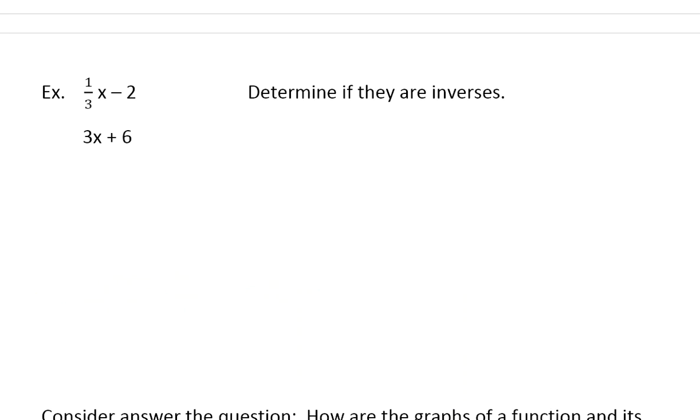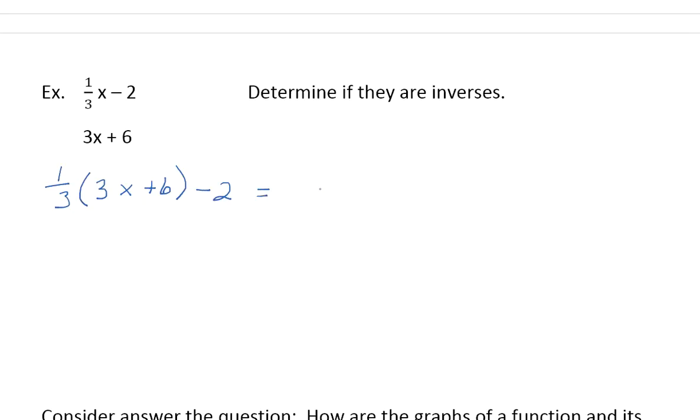All right, let's try this example. Remember, we have to do both f of g and g of f and get an x as a simplified answer both ways. So let's take this second, 3x plus 6, and let's put it into that first equation. So I have 1/3 times 3x plus 6, and then minus 2.